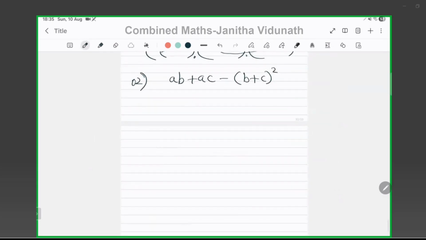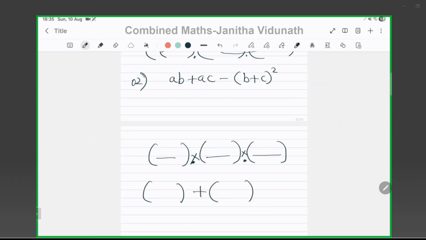Likewise, all factors are combined with multiplication signs. There cannot be a factor, then a plus sign, then another factor. That is not fully factorized. We have only one factor, then multiplication, then another factor, then multiplication, and so on.